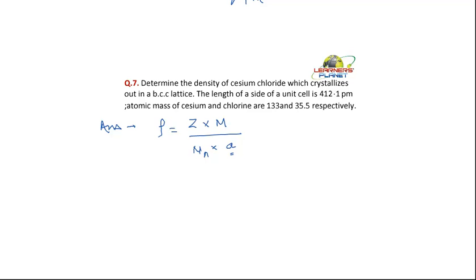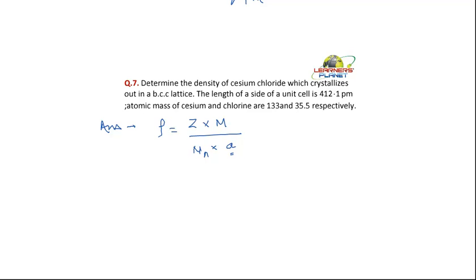So it is a BCC crystal. So what will be the value of Z? Z should be equal to 1, right? How many particles are present in a BCC lattice?